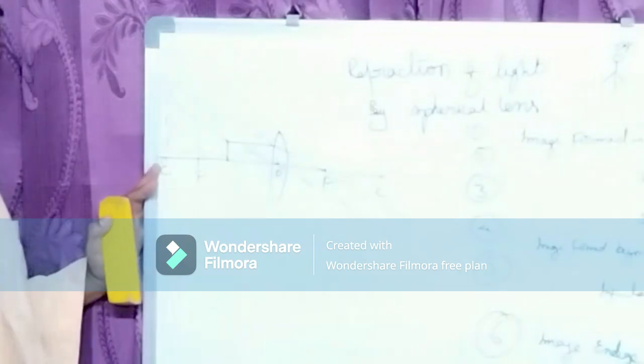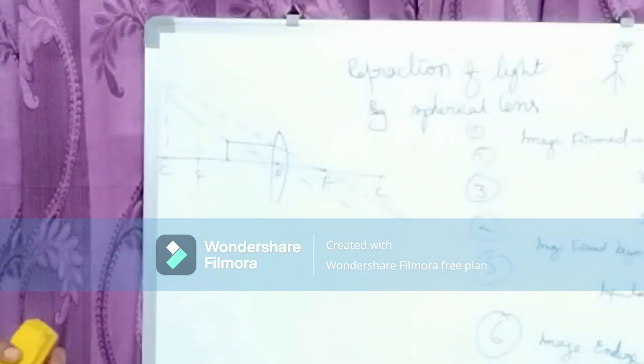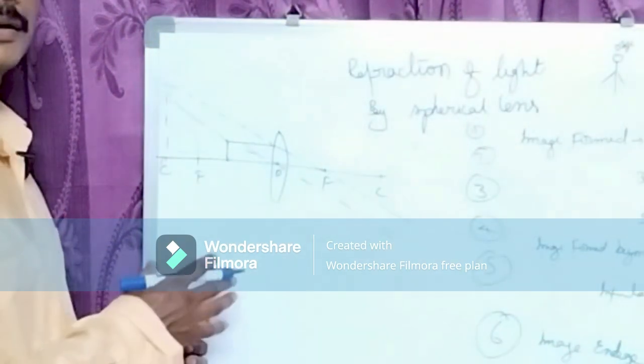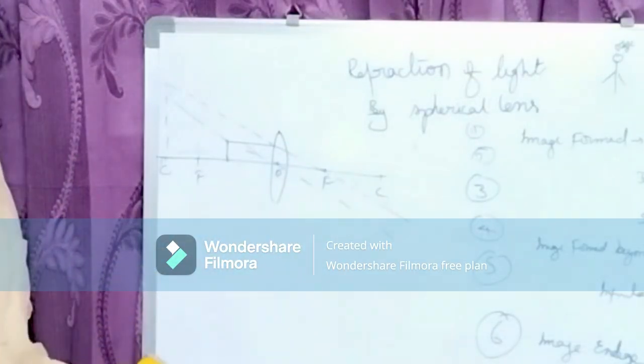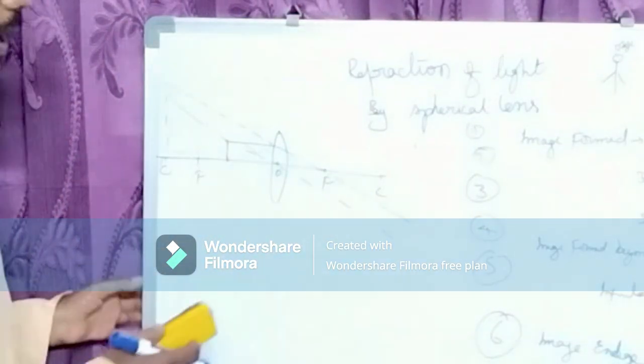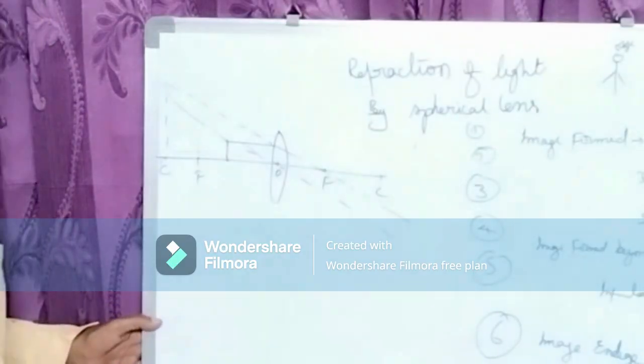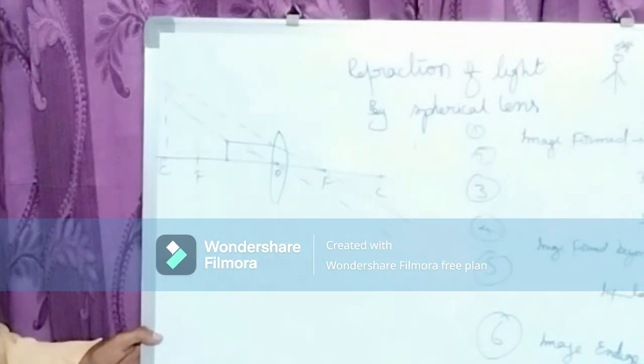Okay, this is refraction of light by the spherical lens. In the case of convex lens, we get all those results. We have another spherical lens. What is it? Concave lens. Now we'll discuss it.